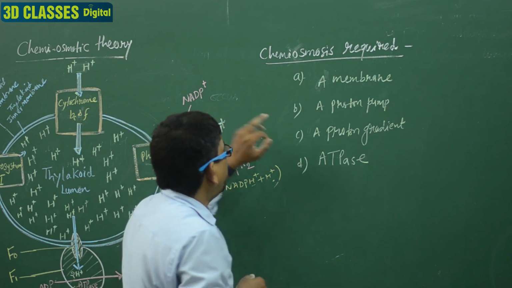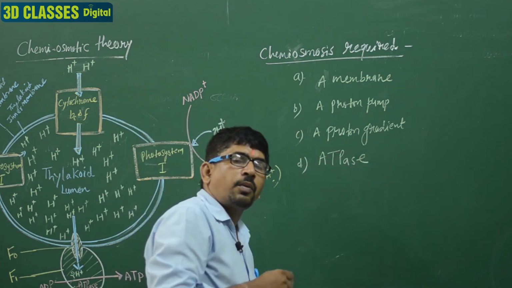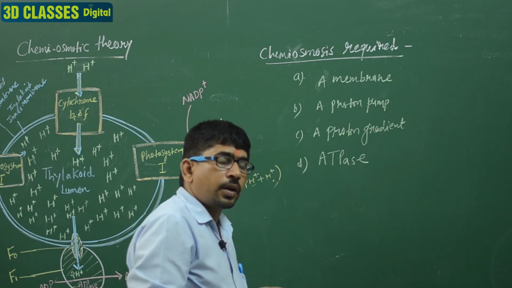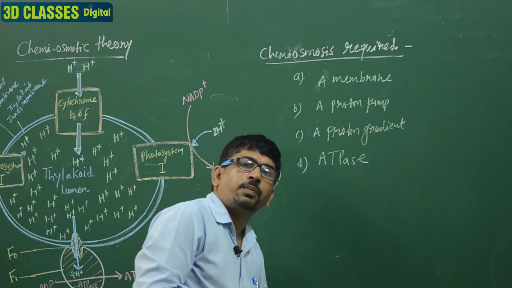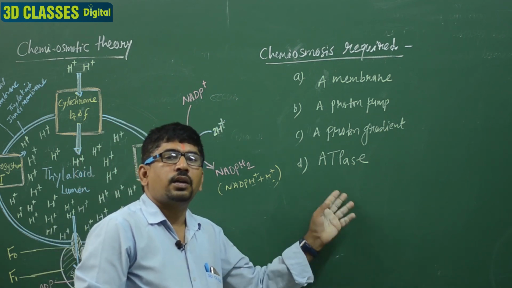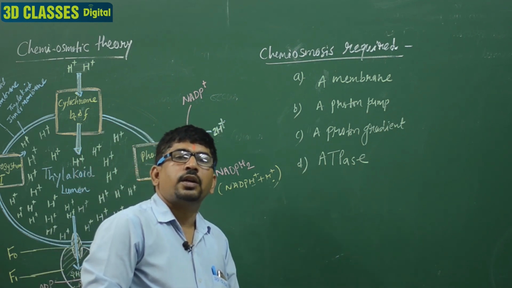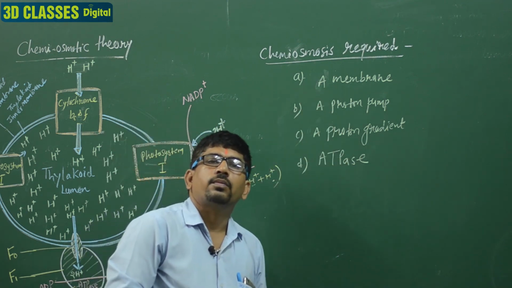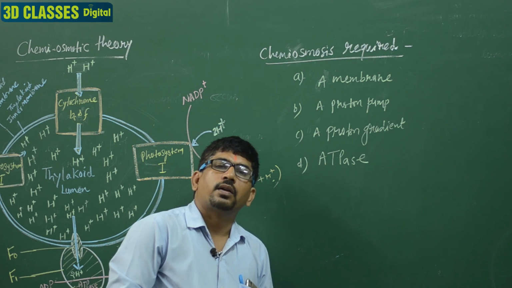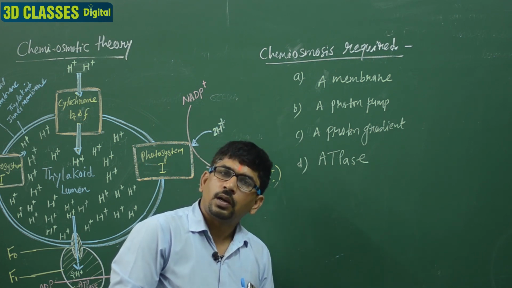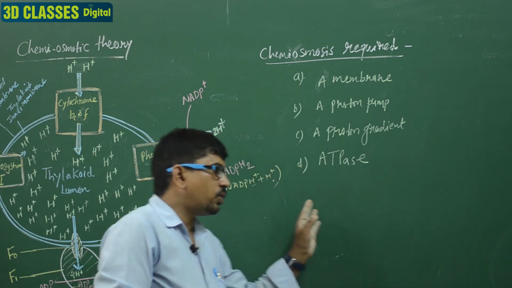Proton gradient, the amount of protons inside and outside develops a gradient known as the proton gradient. And the ATPase complex, that is the F0 and F1, that makes the ATP, clear. So these are the four main points required for the chemiosmotic theory, clear. Okay, you draw the diagram.